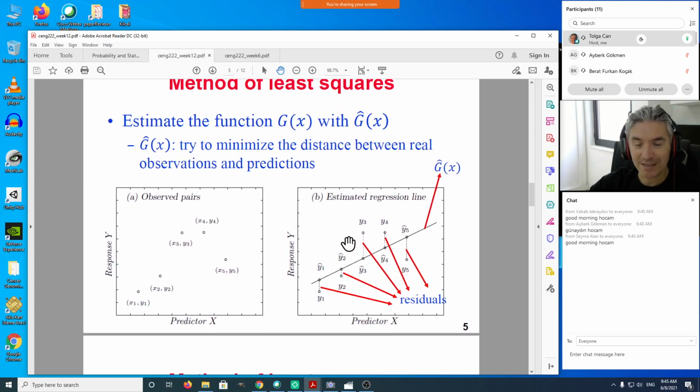We first find this difference between the predicted ones, which are these y1 hat, y2 hat, y3 hat. If this is your line, you want to find a line that passes as close as possible to these points. And you measure the deviation from these points vertically by just looking at the difference between y coordinates.